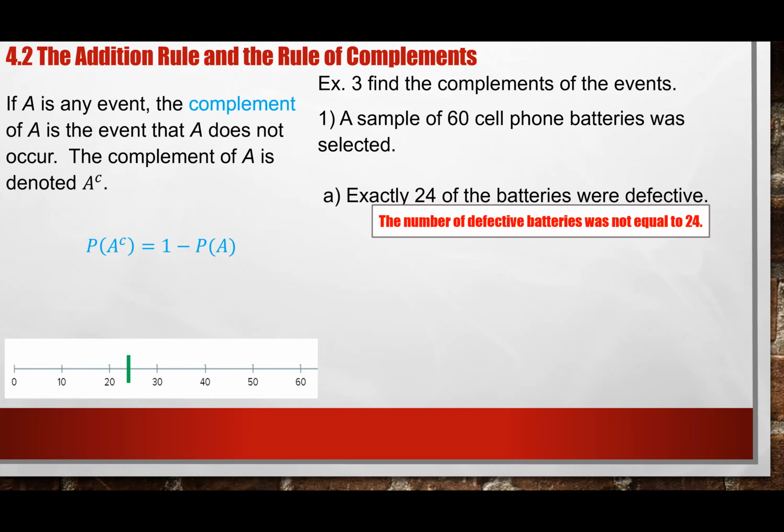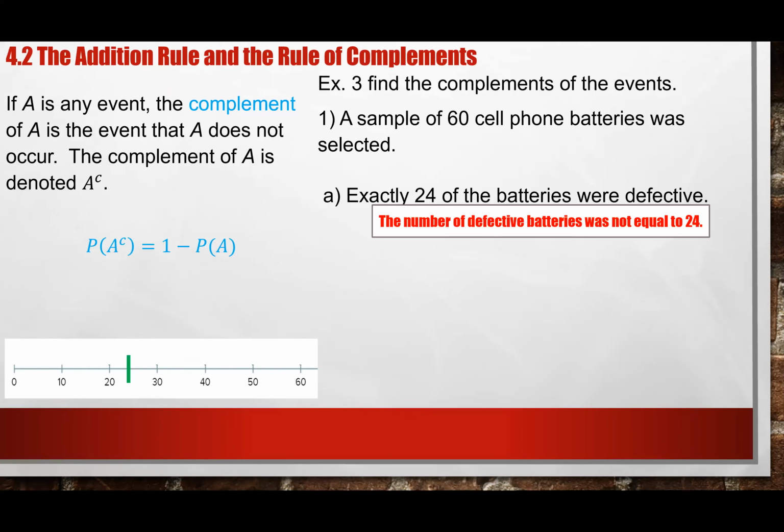The keyword here is exactly, meaning you want exactly 24. That's it. Nothing else, just 24, right? And because it's just 24, if in these 60 batteries only 5 are defective, is that included in the event exactly 24 defective?